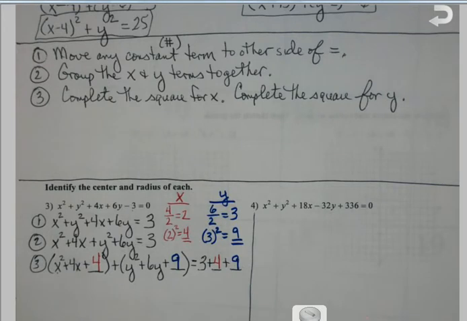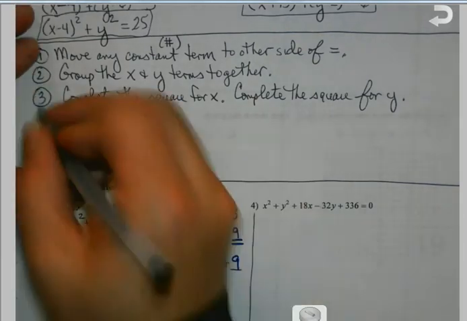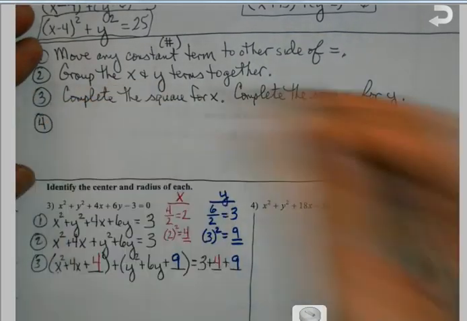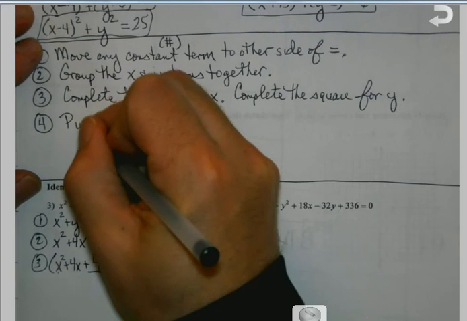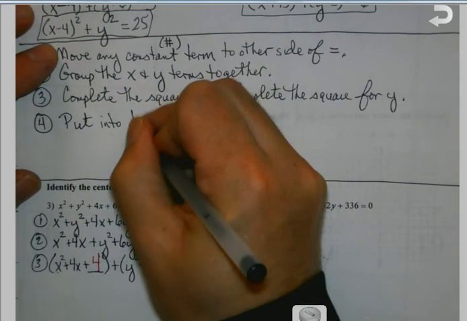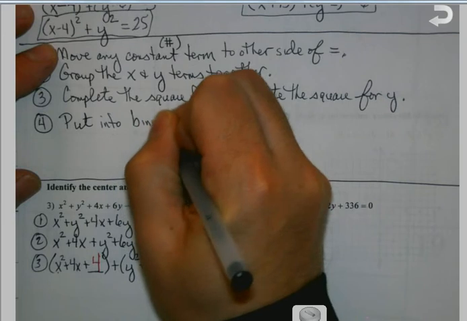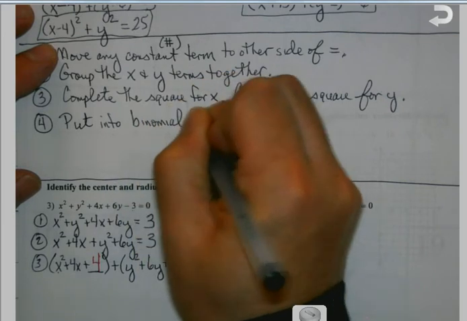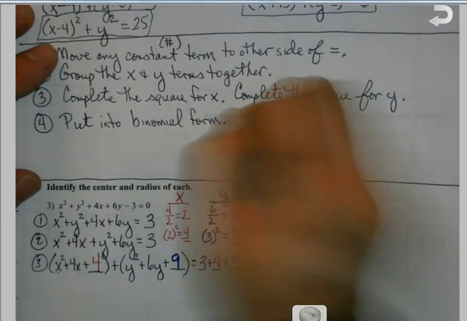That's the longest step that we're going to have in this process, is doing my x and my y with completing the square. Because my last step then is to get this put into binomial form, which we'll talk about in a second here.